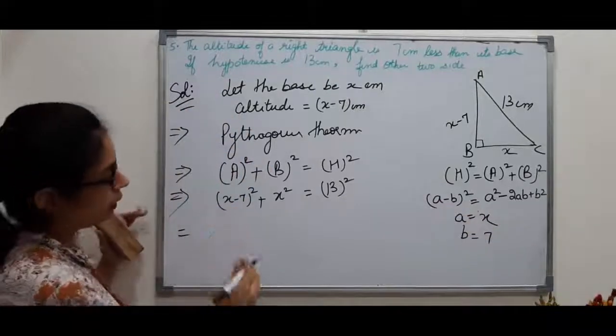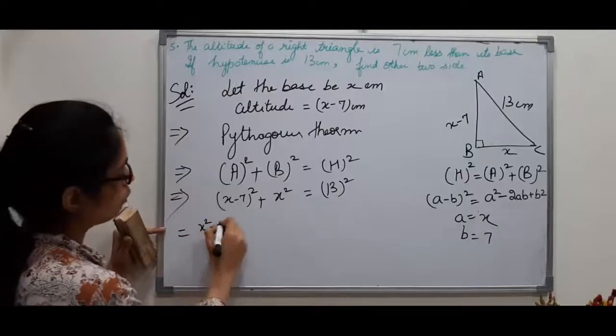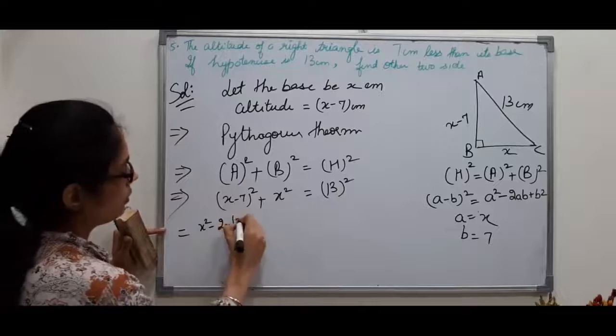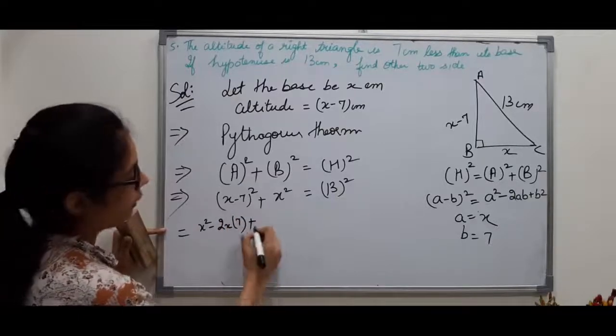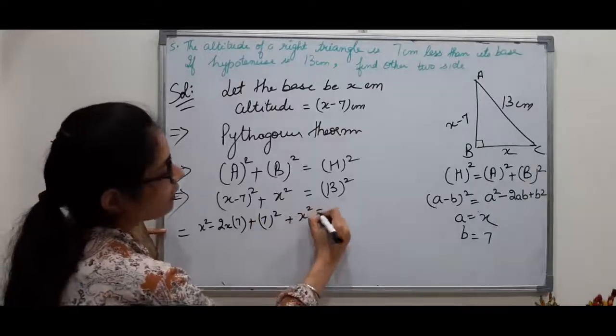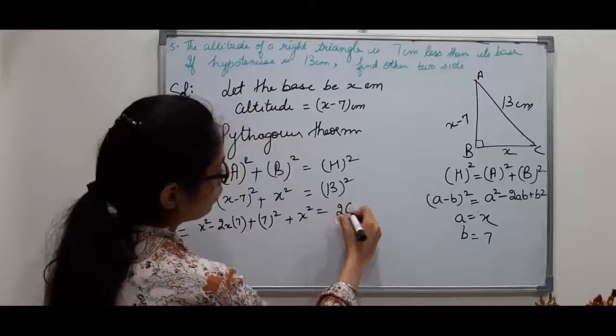So let's expand it now. I will write x square minus 2 into a, a is x, b is 7, plus b square, b is 7 square, plus x square equals 13 square, which is equal to 169.